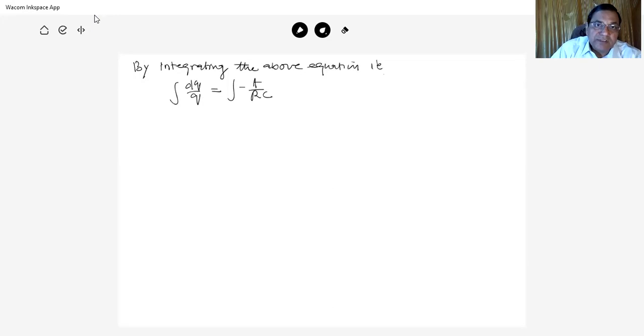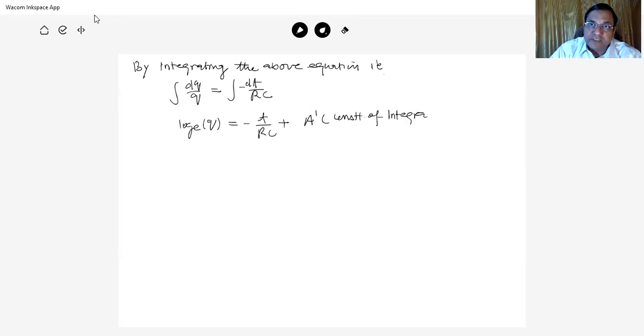So this is log base e q is equal to minus t upon RC plus A dash, the constant of integration.